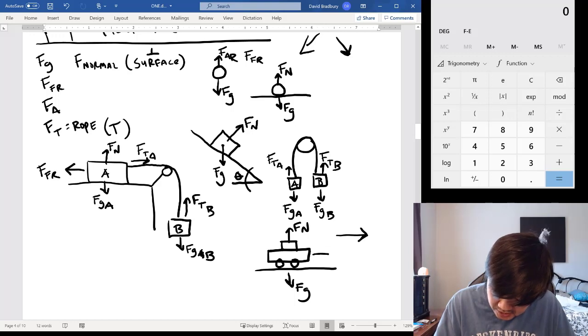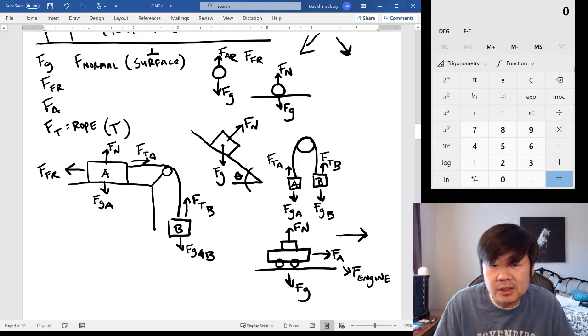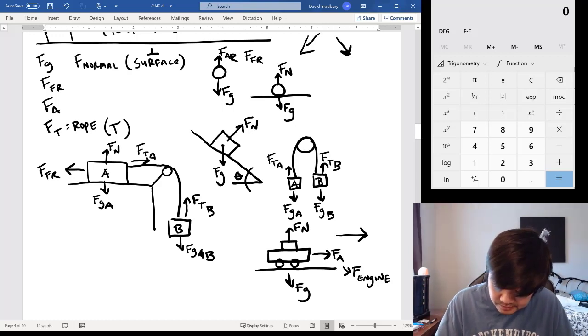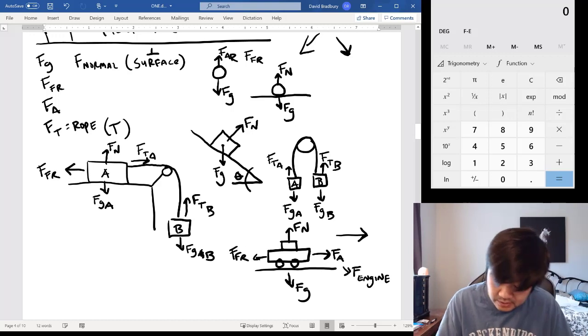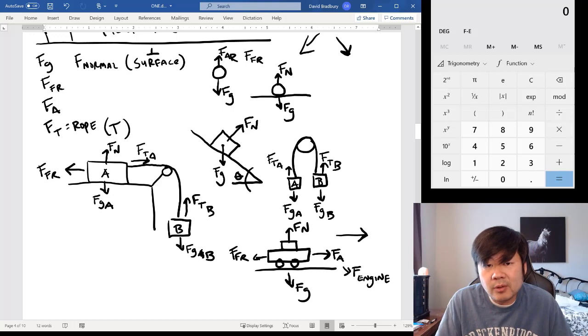So we're going to say some applied force is moving you there. Force applied. I like to be specific sometimes, so I could say force of the engine. So in this case, the force of the engine is the applied force. And just in a normal situation, we would definitely have force friction. And that would be our free body diagram for it.